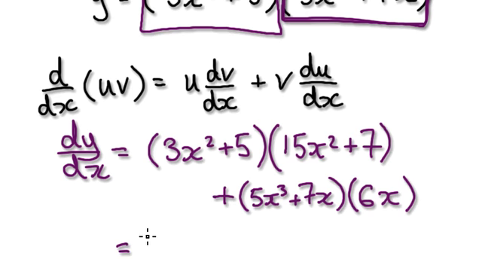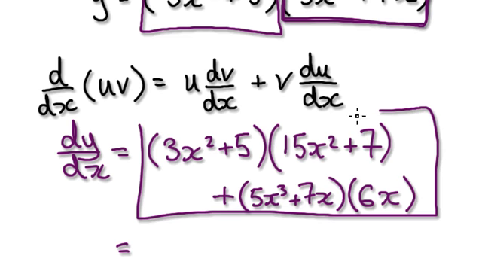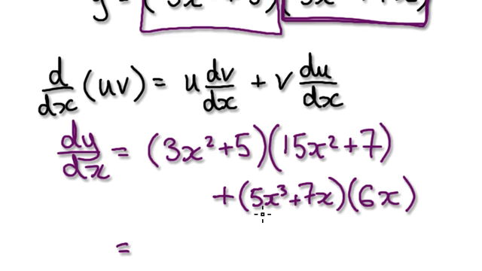So dy by dx would be this. Then you can tidy it up. I guess you could multiply it out, but I'm just going to leave it as this.